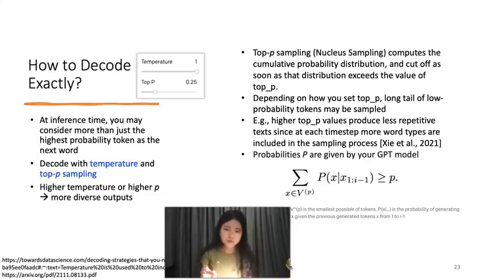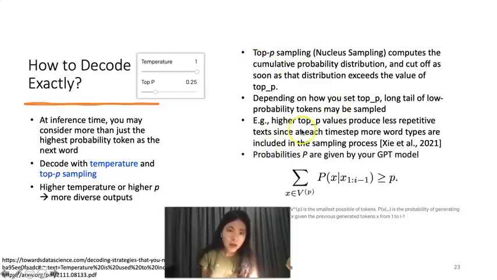To exceed 0.25, you may just need a few words, right? Because you're computing the cumulative probability. But if you have a higher top P value, you may need more words to pass your preset P value. And this equation here is essentially how you do top P sampling.